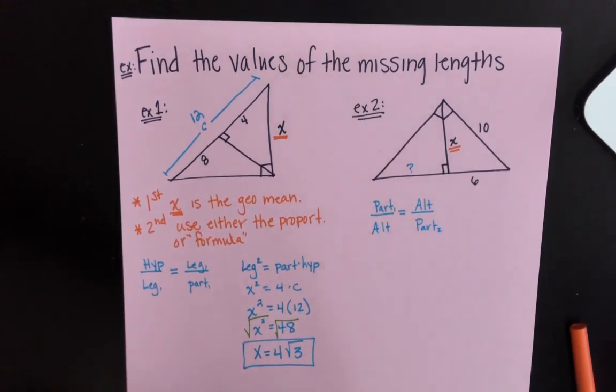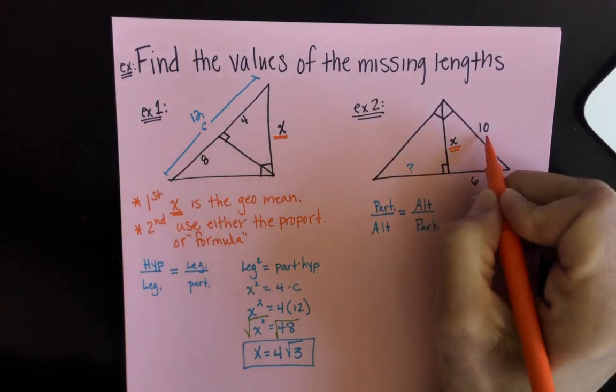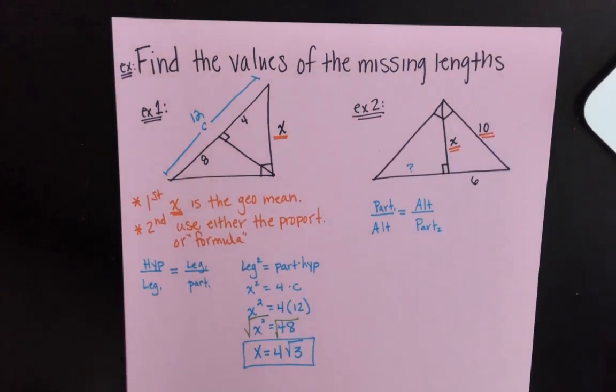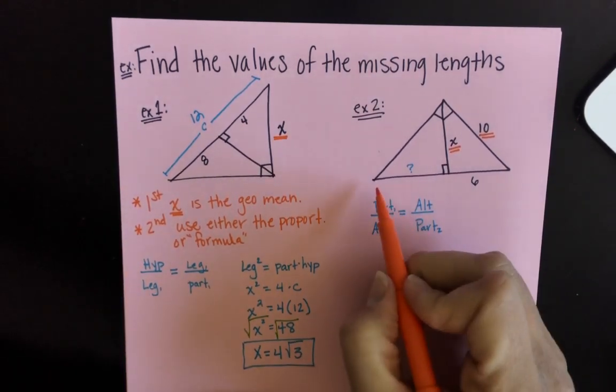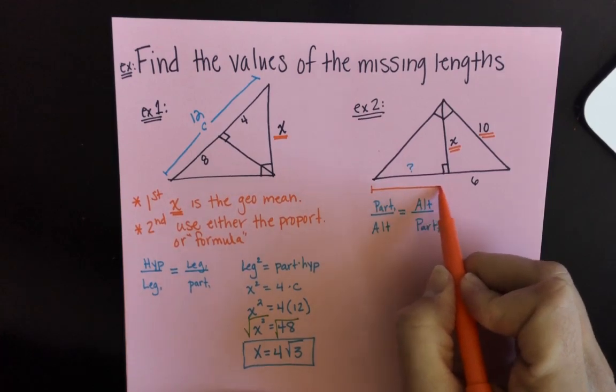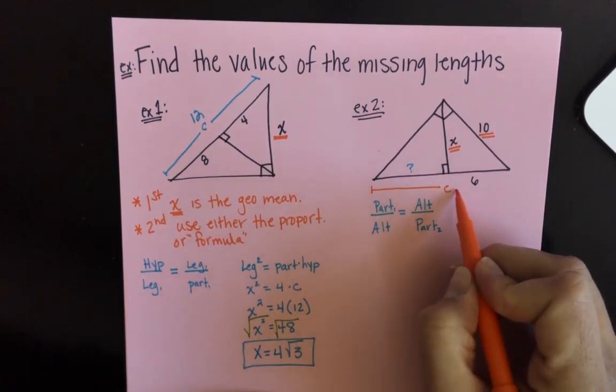I also, though, have a geometric mean there at 10. So unfortunately, I got to do part of the problem in order to answer the actual question that's being asked, which means I've got to figure out what this guy is again.